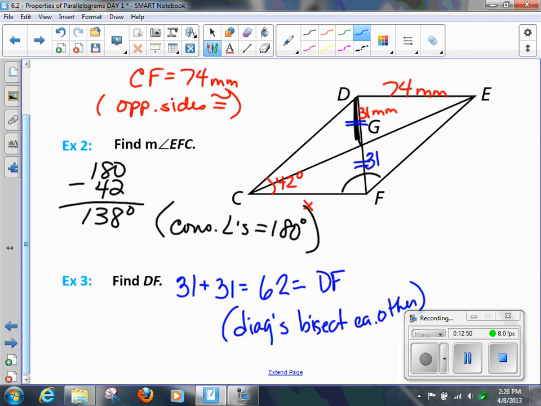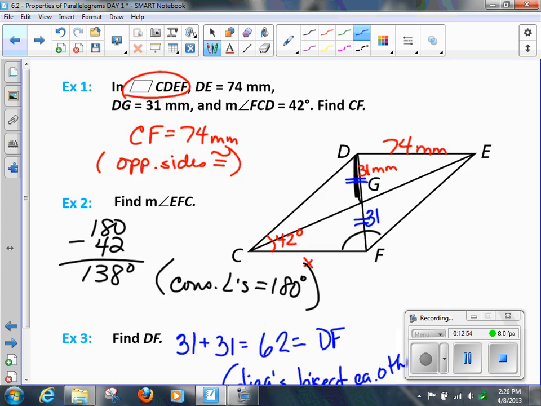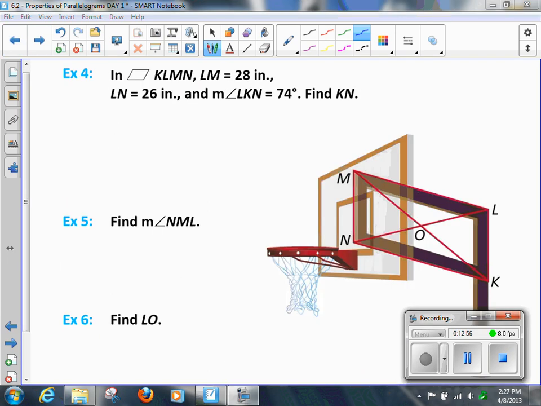Look at the next page. It's a parallelogram. It says LM is 28 inches. It says LN is 26. And LKN, this angle is 74 degrees. Find KN.